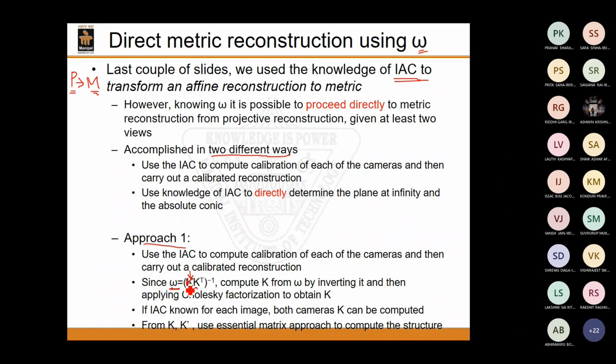So one approach is, using the information of the IAC or omega, you can find the intrinsic parameters, and therefore from those lengths and angles you can convert from the projective space to the metric space, or metric reconstruction. That would be one method.